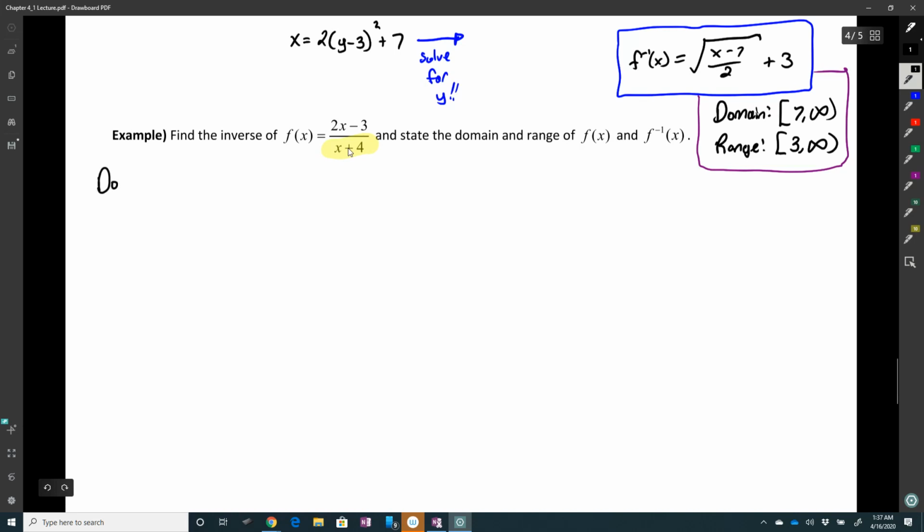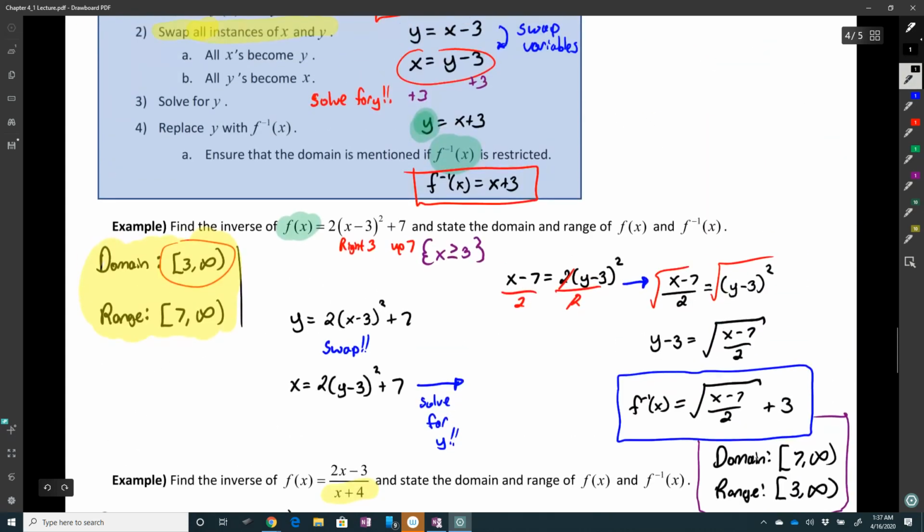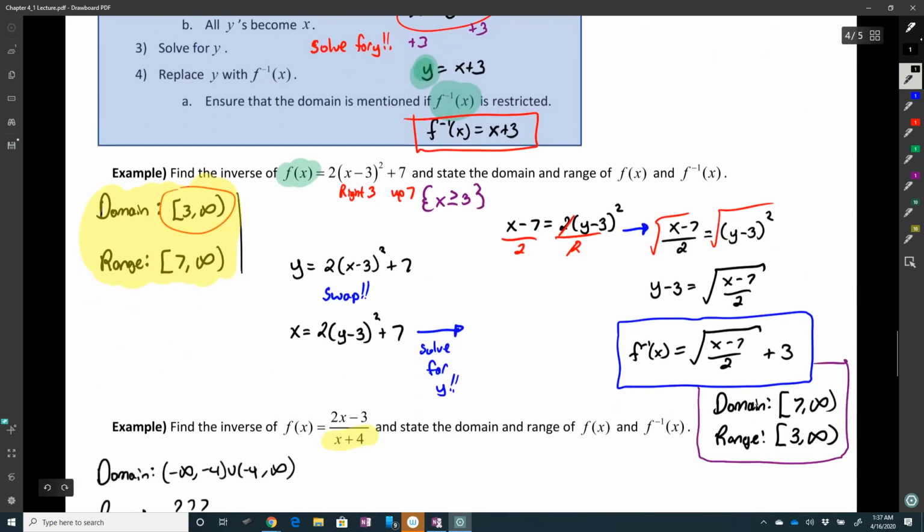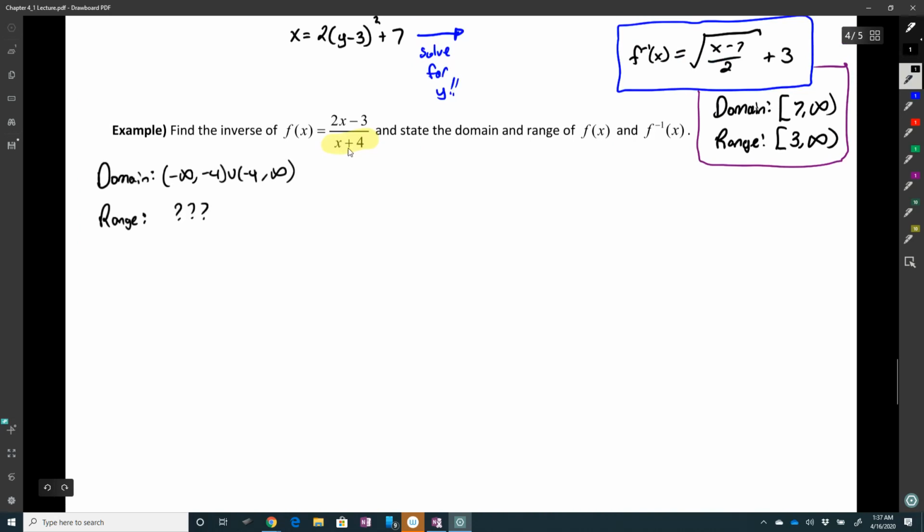I know the domain of f is everything but negative 4. So negative infinity to negative 4, negative 4 to infinity. All right. Now the range, I'm going to keep that open because I don't know what that is yet. I knew the range earlier because I knew what a parabola looked like. Now this one is a little more difficult.